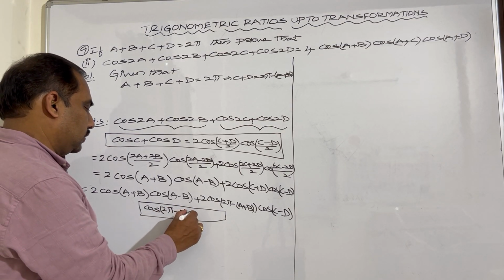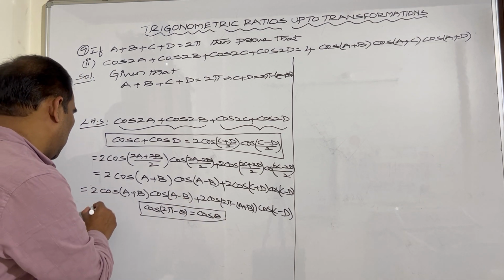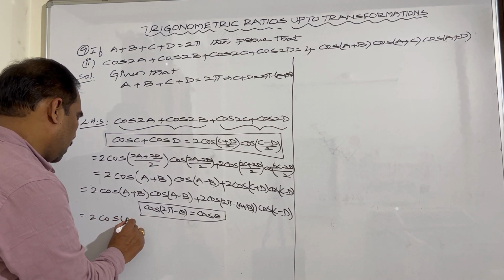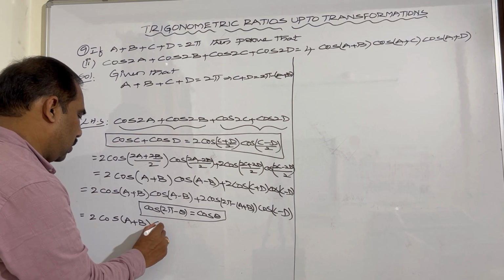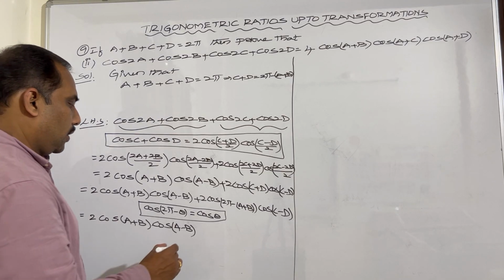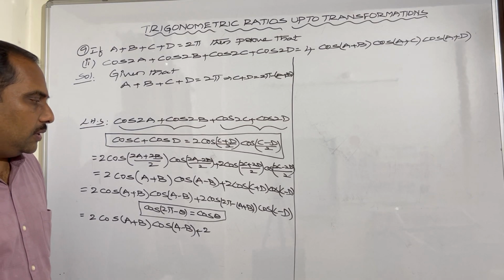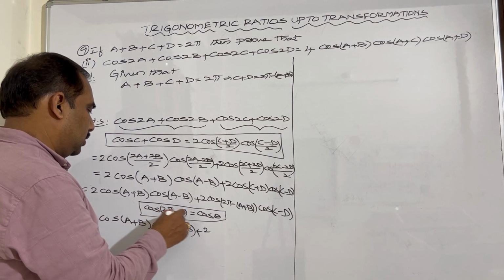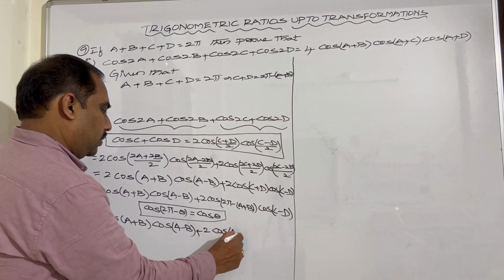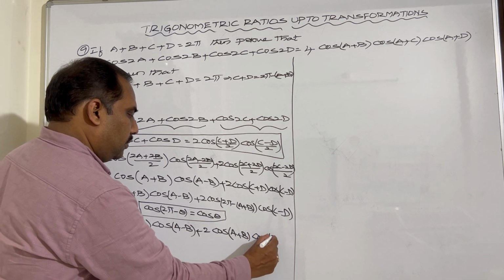In the fourth quadrant, cos is positive, so we get only cos theta. So 2 into cos of a plus b into cos of a minus b, plus 2 into cos of 2 pi minus of a plus b gives 2 into cos of a plus b into cos of c minus d, where theta is a plus b.